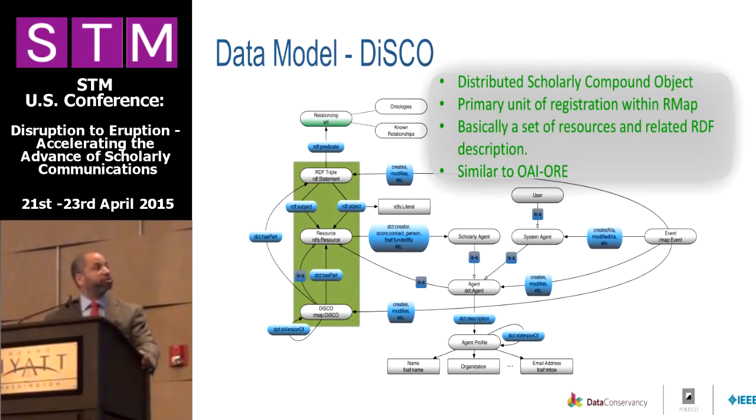And finally, the DiSCO, and this is a very key component in our architecture. This is actually the Distributed Compound Object that will be the primary form of communication between people who are creating objects and registering them with RMAP. So this is the primary unit of registration within RMAP.